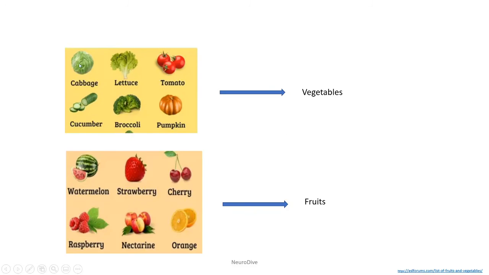The students who say that the cabbage is a vegetable get full marks, and those who say that it is a fruit, the teacher corrects them and tells them that this is not a fruit but a vegetable.